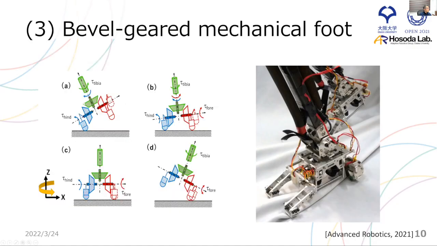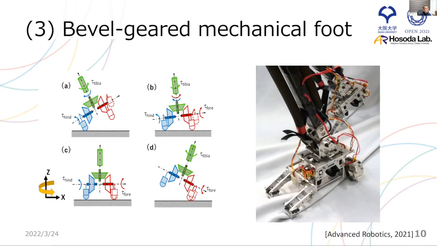First, if the robot touches down with the heel, because the heel is offset a little outside, then if one heel touches the ground, it generates a motion of the tibia, and the tibia motion is transferred to the motion of the forefoot, so the motion of the foot structure is very complicated.